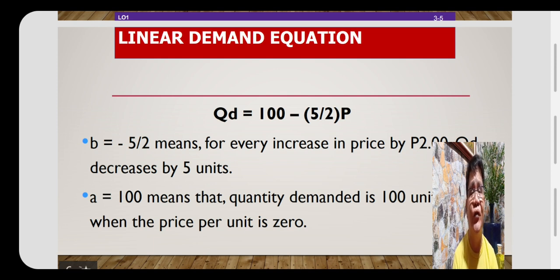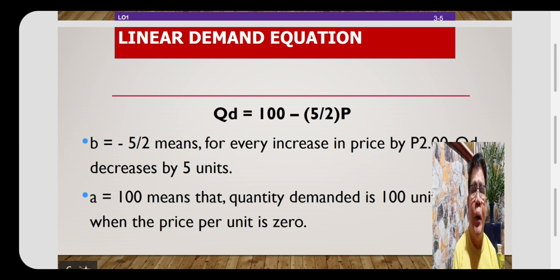The numerator is 5, the denominator is 2. Notice that in this given equation, quantity demanded equals 100 minus 5 over 2 P, the sign of the slope is negative. So the negative slope clearly tells us what kind of relationship exists between quantity and price. And so we now say that the relationship is inverse.